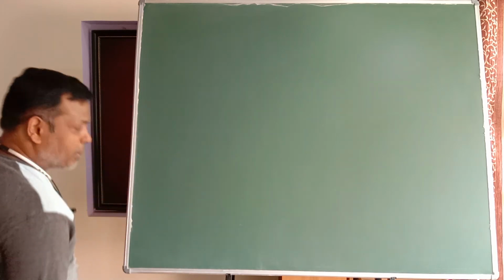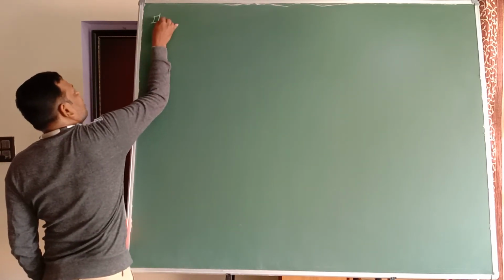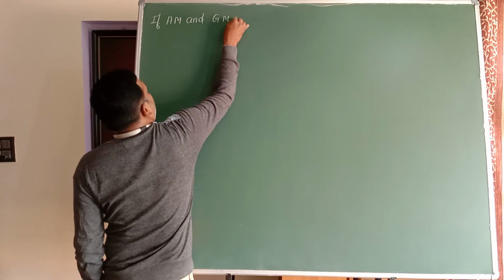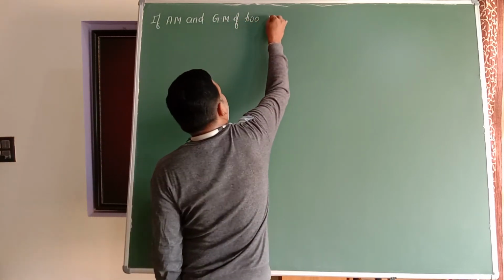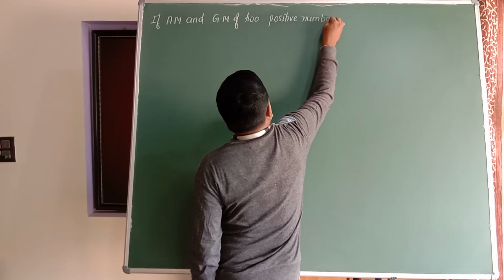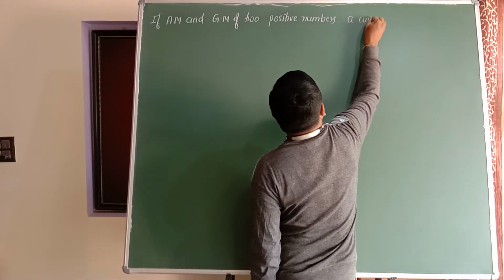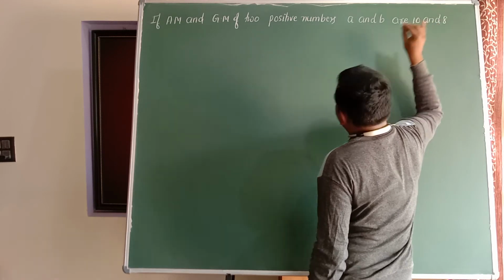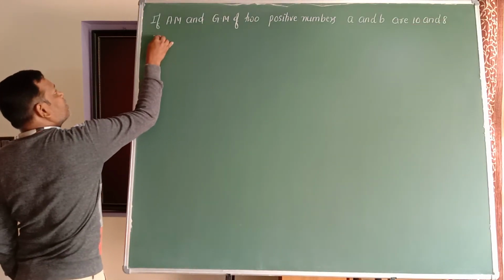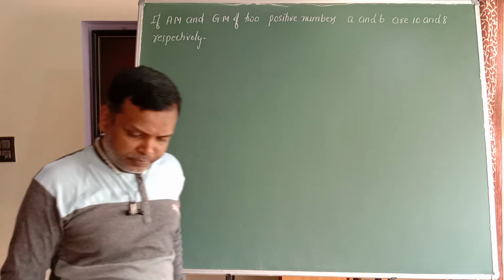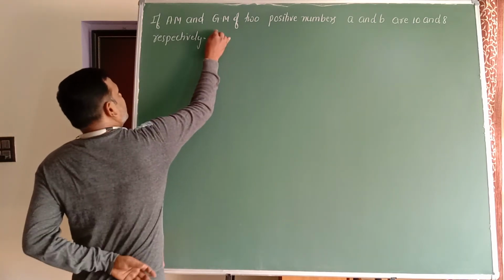The next question is: if the AM and GM of two positive numbers A and B are 10 and 8 respectively, find the numbers.